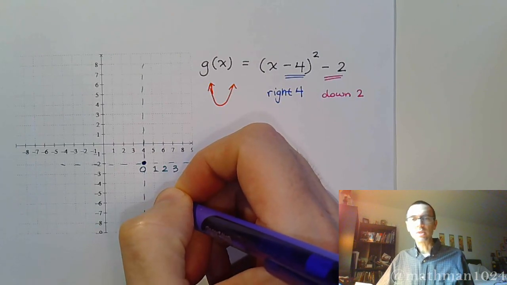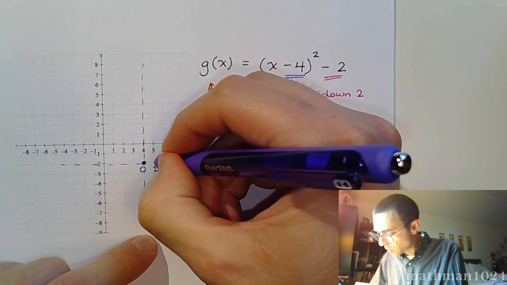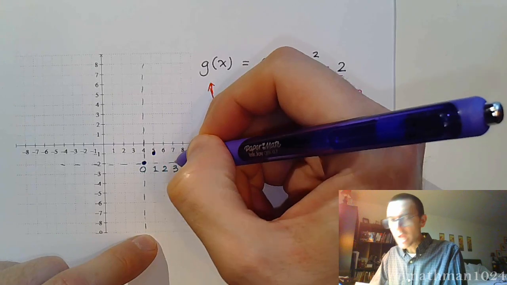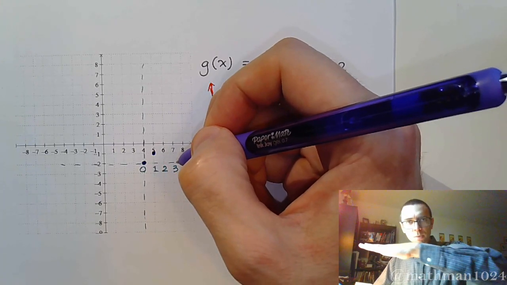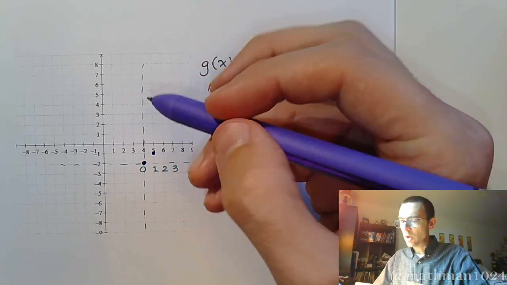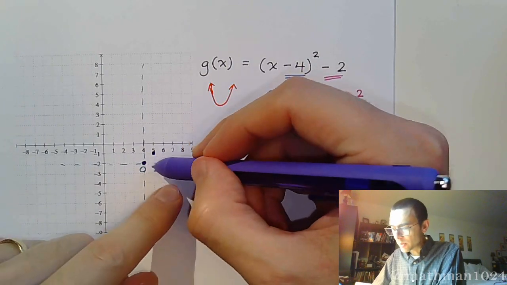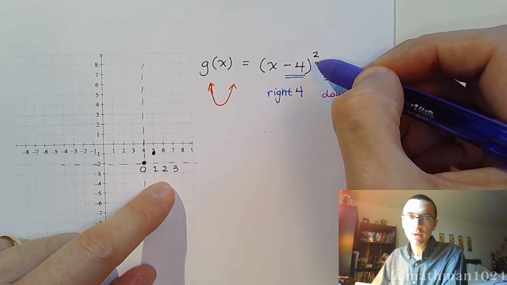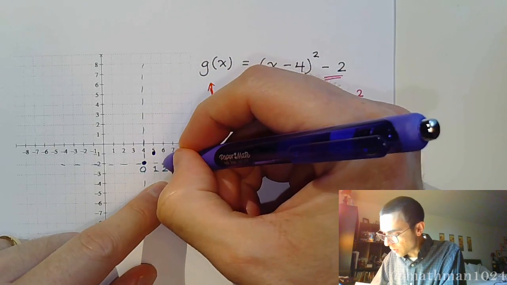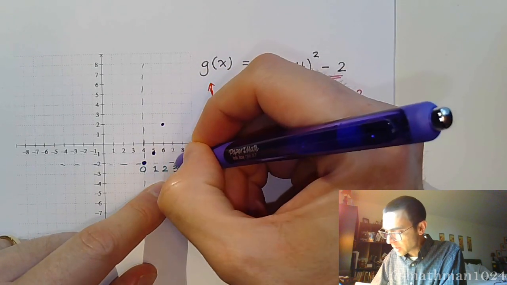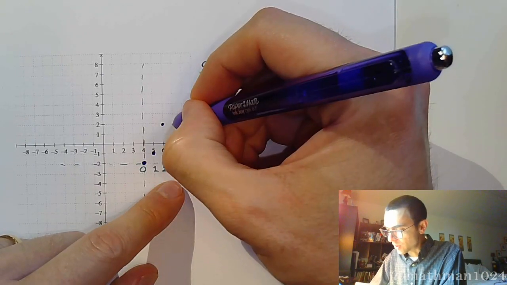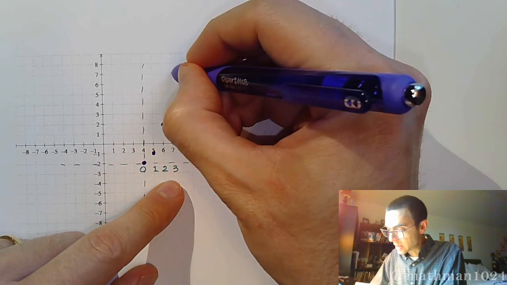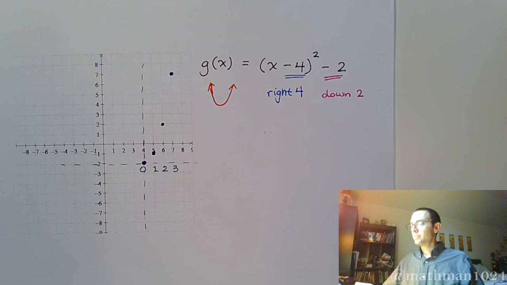Okay, that's your new vertex. 1 squared is 1. And when we're counting these guys, we were counting from that new x-axis. Don't count from this point. Count from the dashed line. 2 squared, because we're talking about the squaring function. 2 squared is 4. 3 squared is going to be 9, so this is 4, 5, 6, 7, 8, 9.